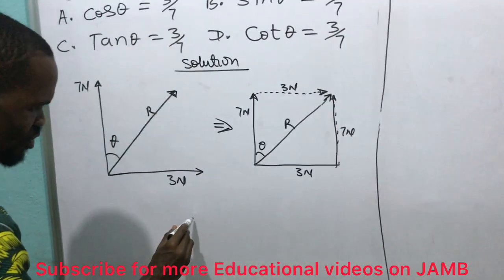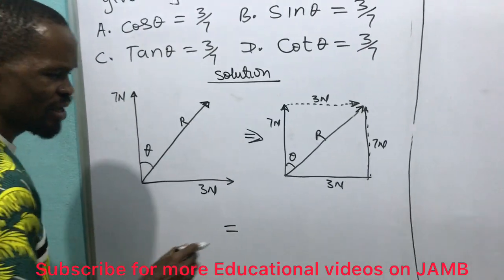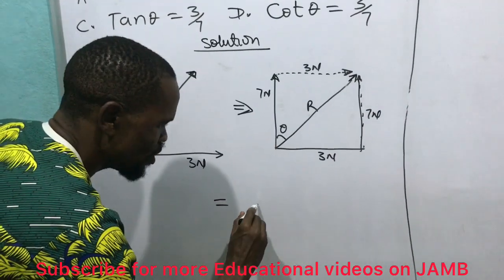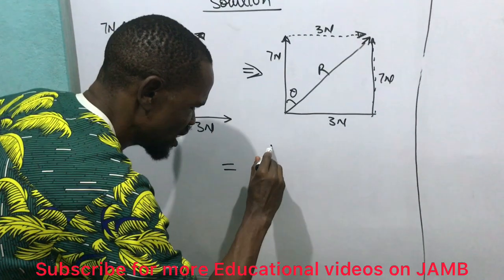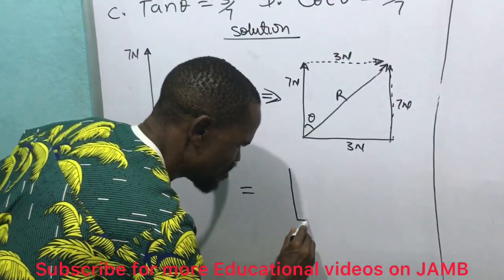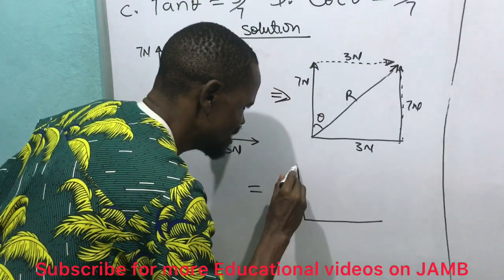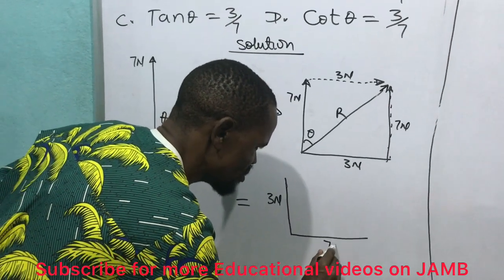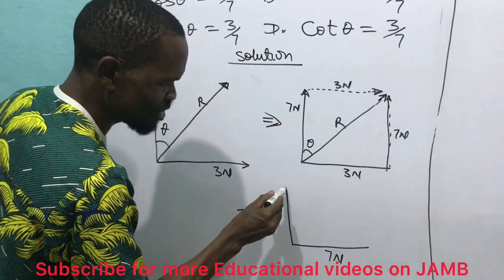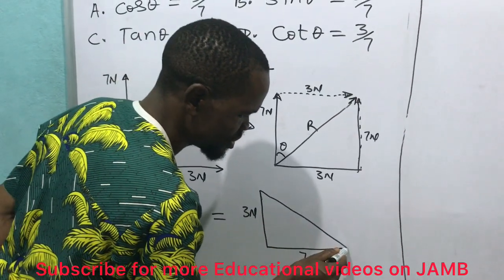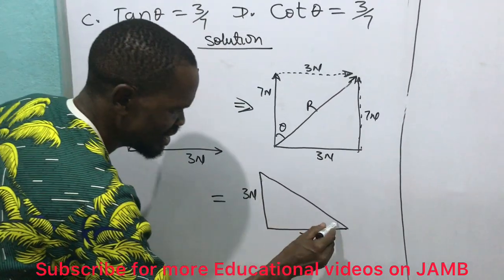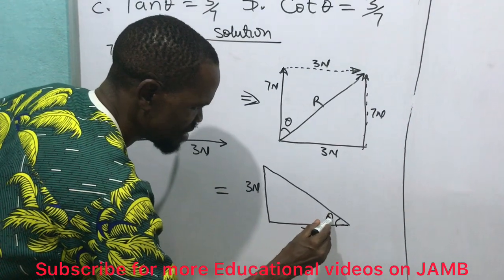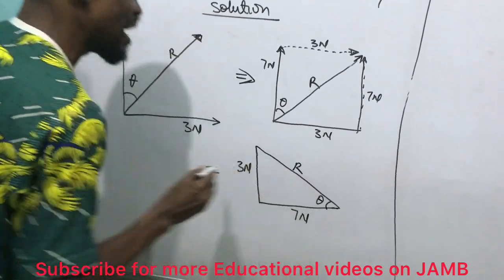That thing I draw there can be drawn this way, where this becomes 3 newtons, this becomes 7 newtons, this becomes 3 newtons, this becomes 7 newtons, and this becomes my resultant force. And this becomes the angle I'm talking about, theta, and this is my R.